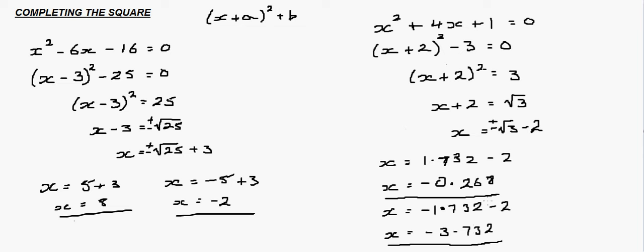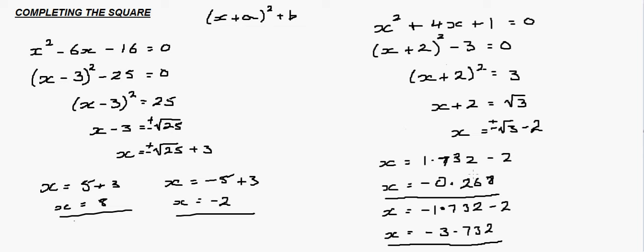Remember that the x values are where the parabola, when you graph it, crosses the x-axis. So on this particular equation, the curve would cross the x-axis at 8 and minus 2.